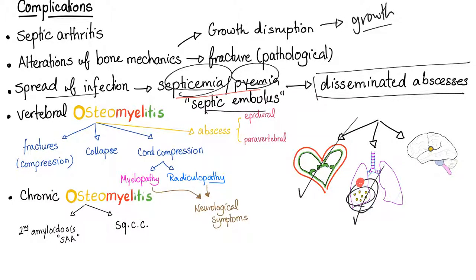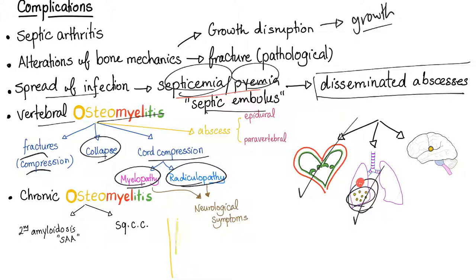That's a big difference. Next, vertebral osteomyelitis leading to compression fractures of the vertebra, collapse of the vertebral column, and cord compression leading to myelopathy and radiculopathy. So here is the deal. Here's your spinal cord, and some nerves will start to exit, and then they become peripheral nerves, and then they go to supply the muscle. If you inflame or infect the spinal cord itself, this is called myelopathy or myelitis.